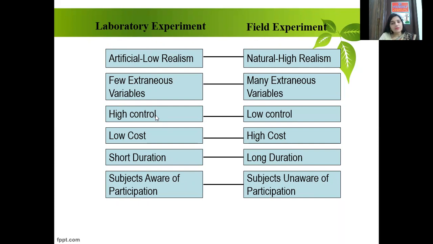Then high control, of course, because you are trying to control everything, control is very high here. But in field experiment, very low control is there, because you do not control things, you just go in the field and try to do the survey in your own way. That's it. There is almost no control when it comes to field experiments.